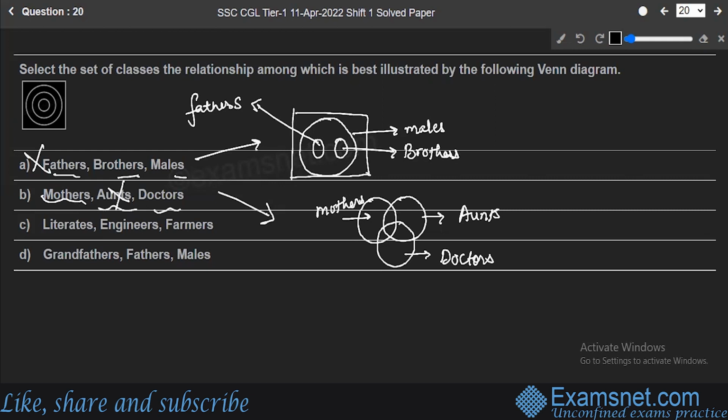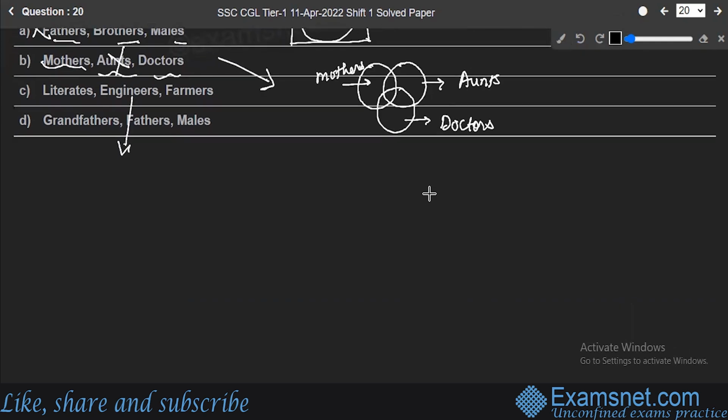Let's go for the C one, literates, engineers, and farmers. So I'm going to make for the C one now. So here it is. This is a big entity. This one represents literates, not engineers.